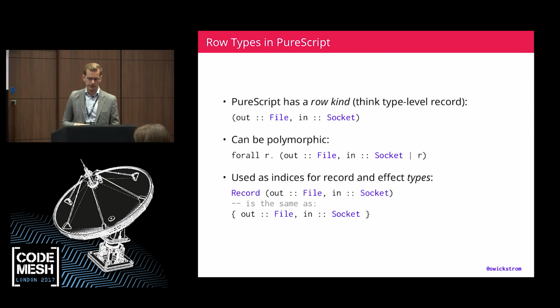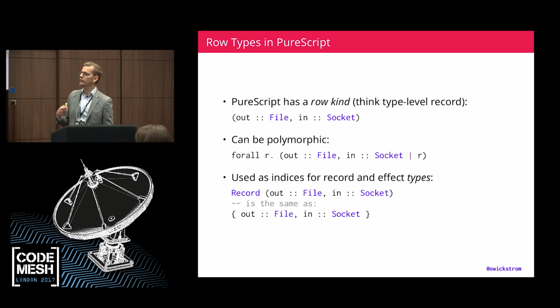Okay, so in PureScript, now comes the PureScript part. PureScript has this row kind, which is really neat. You can think of this as kind of a type level record. And the reason why I'm using PureScript here is Haskell does not have this. So let's use PureScript for this example. Row kinds are like type level records. So here we have a row of one field out of type file and one in with a socket.